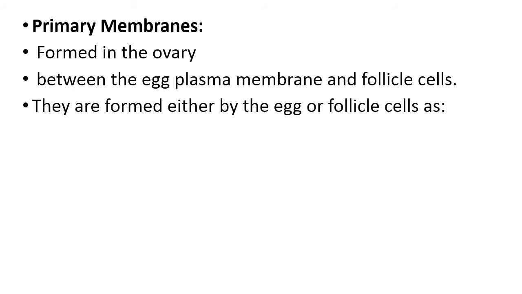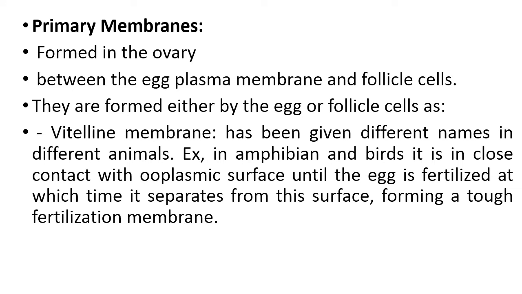They are formed either by the egg or follicle cells, as vitelline membrane, and have been given different names in different animals. Example, in amphibians and birds, it is in close contact with the ooplasmic surface until the egg is fertilized, at which time it separates from this surface, forming a tough fertilization membrane.